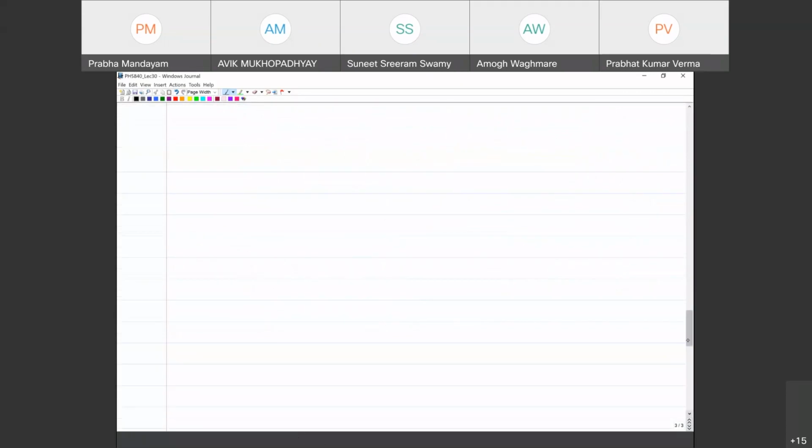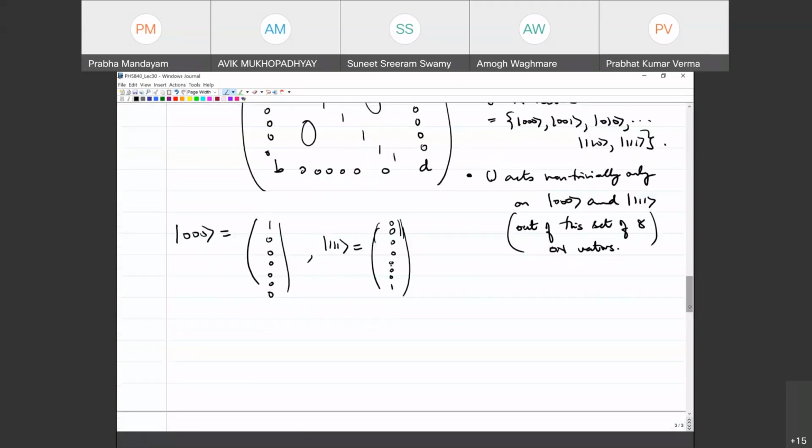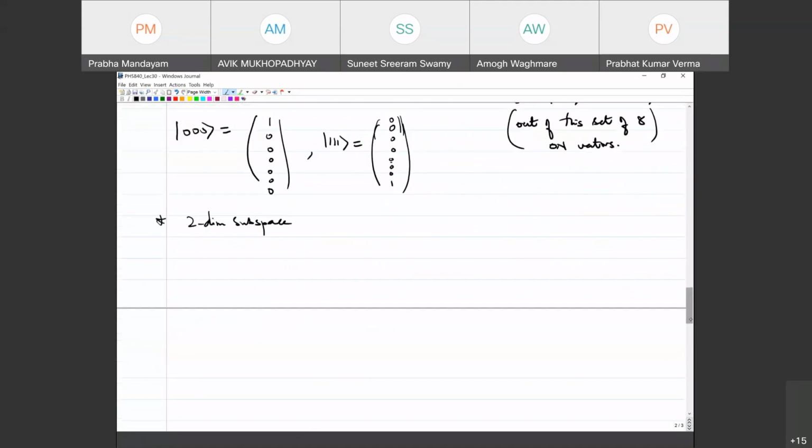So I can think of this two-dimensional space. Consider this two-dimensional subspace. I hope everyone knows what a subspace is. I don't think I formally defined it in the early lectures. It's basically a smaller part of this space, right? So it's something which lives inside this C2 tensor C2 tensor C2, which is the 3-qubit space. It's a two-dimensional subpart of this 3-qubit space.